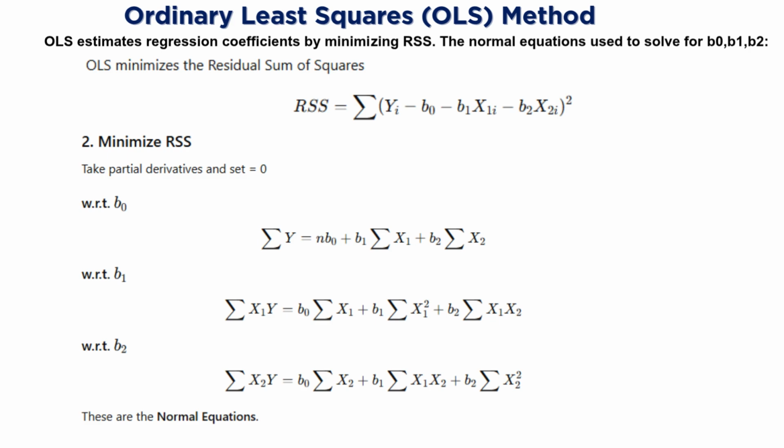For b1 we can write: summation of x1 y is equal to beta naught summation of x1 plus beta 1 summation of x1 square plus beta 2 summation of x1 into x2. And for b2 we can write: summation of x2 y is equal to beta naught summation of x2 plus beta 1 summation of x1 into x2 plus beta 2 summation of x2 square.